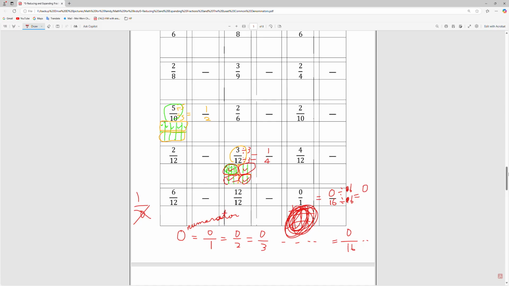And you never want to put the 0 in the denominator. It's a big trouble. It is so-called undefined. So don't do it. It's different.